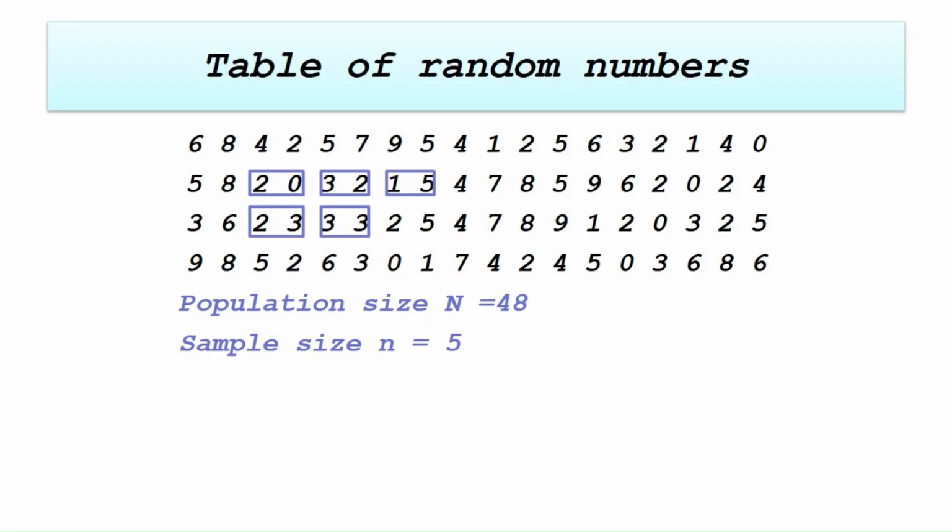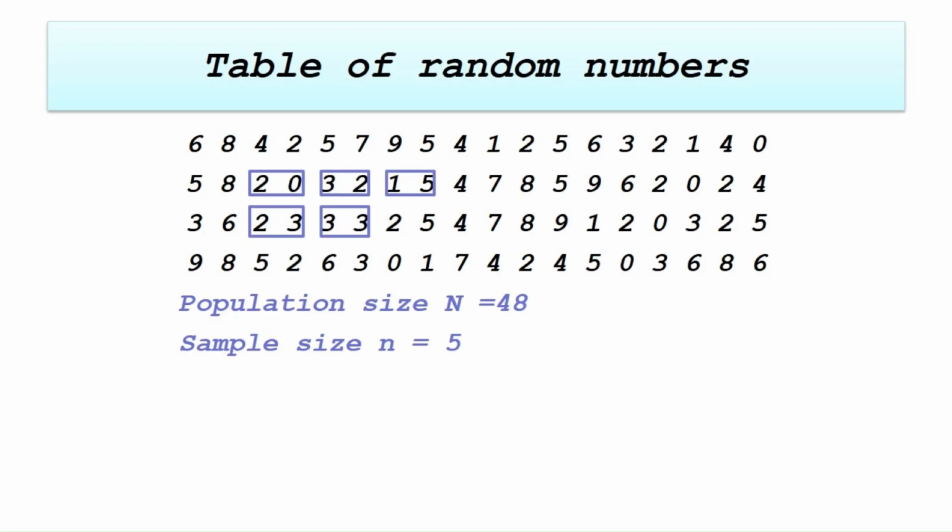Here we start sampling column-wise. The first participant we select randomly or through our finger, and the first one is 20, the second one is 23. We move column-wise in the downward direction.